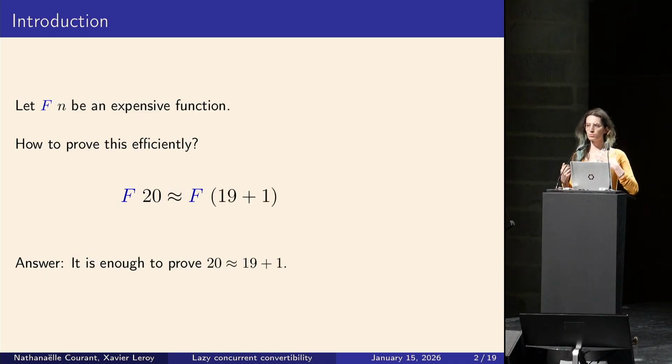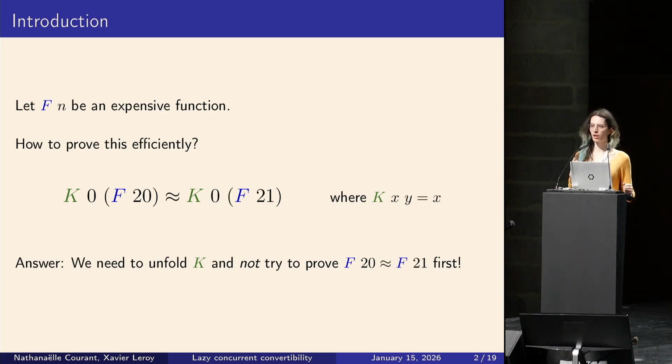Suppose now we want to prove that f of 20 is convertible with f of 19 plus 1. We can prove this efficiently just by proving that 20 is convertible with 19 plus 1. And this is the strategy used by Coq and many other theorem provers, to try to prove the convertibility of the arguments first before expanding the function. However, this strategy has drawbacks.